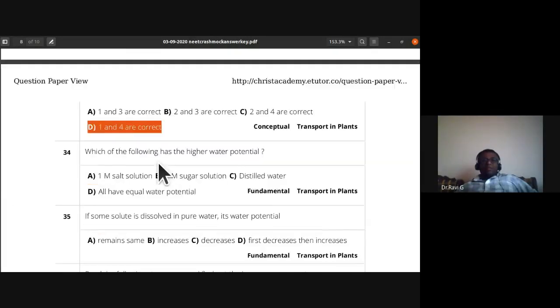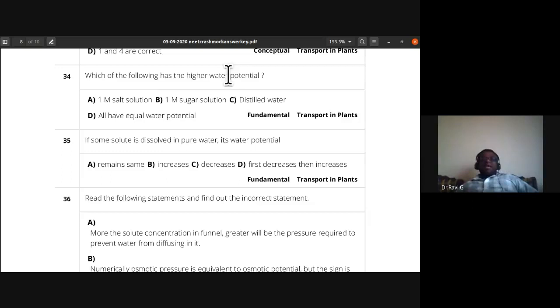34th, which of the following has the higher water potential? 1 molar salt solution, 1 molar sugar solution, distilled water, all have equal water potential. Which of the following has the higher water potential? Distilled water is the answer. Reason is they are pure water, so their value would be 0.